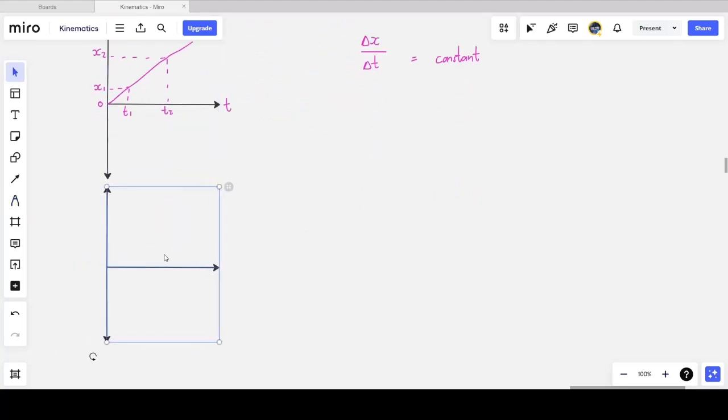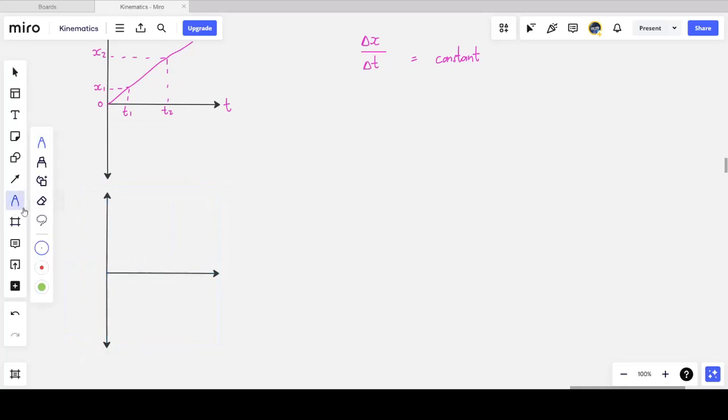What does this mean for the velocity versus time graph? Well, as it did for displacement versus time, if my velocity is constant, and I sketch a graph of velocity versus time, it's just going to be a straight horizontal line. It's not changing.